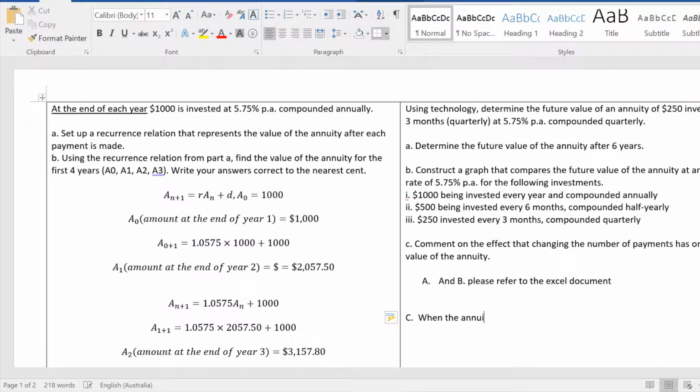When the annuities are similar, with similar payment amounts being made, just broken up obviously in terms of frequency.